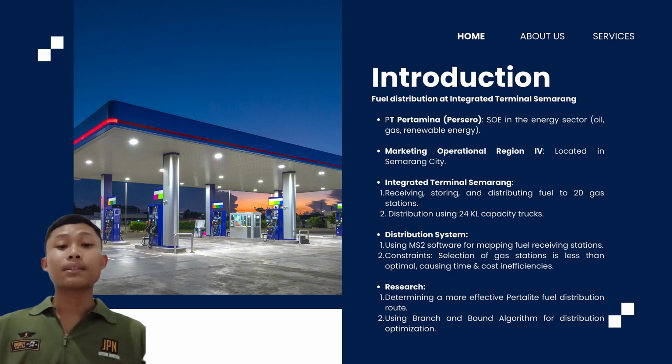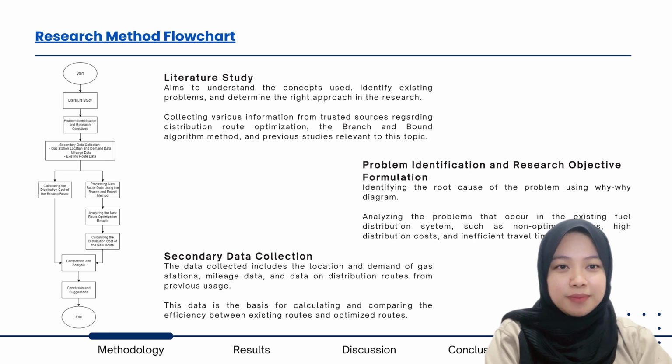However, in practice, the selection of gas stations is sometimes less than optimal, which can cause inefficiencies in terms of time and cost. Therefore, a study was conducted to determine a more effective distribution route, especially for pertalite fuel products. This research uses the branch and bound algorithm method, which aims to optimize the distribution process to be more efficient and targeted. So the next is methodology.